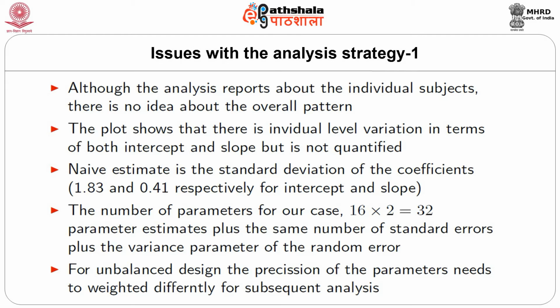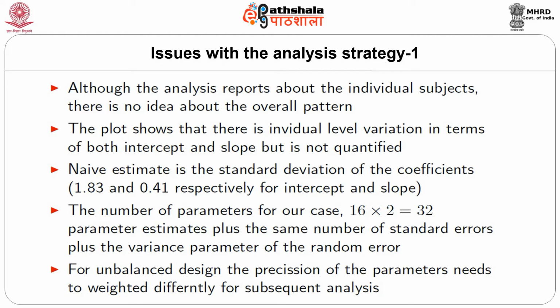Note something, here we are fitting 16 regressions and here only time is the covariate. So, we have one intercept and one slope for each of the 16 subjects. So, this results in 32 regression estimates, 16 beta naughts and 16 beta 1s.